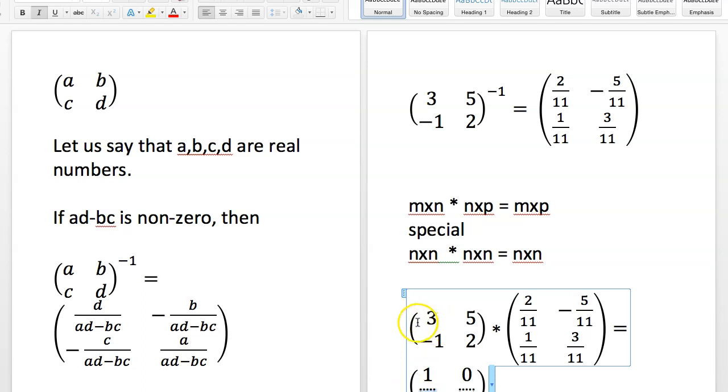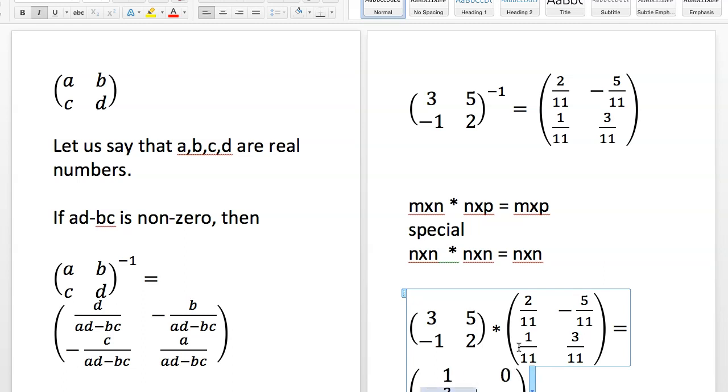Now we've done 3, 5. Now we jump down to the row vector, which I call a covector, negative 1, 2. A column vector is a real vector. So then we go down the first column vector, 2 elevenths and 1 eleventh. So negative 1 times 2 is negative 2. And then plus 2 times 1 is 2.